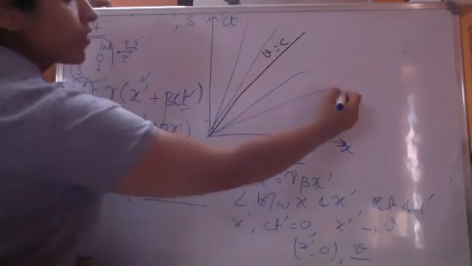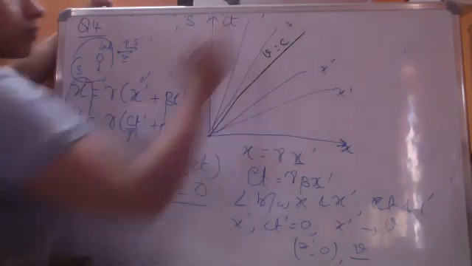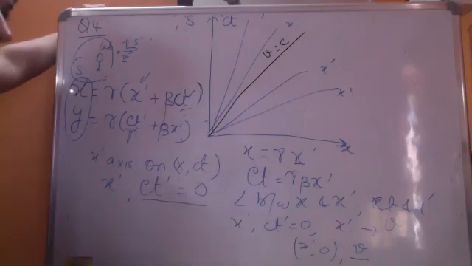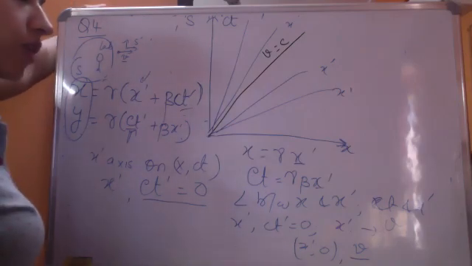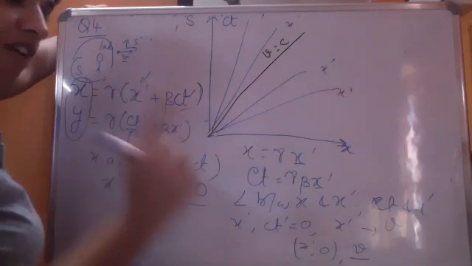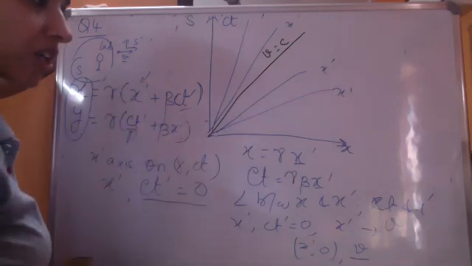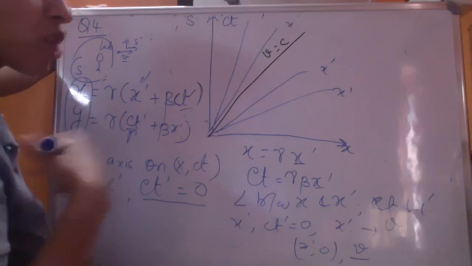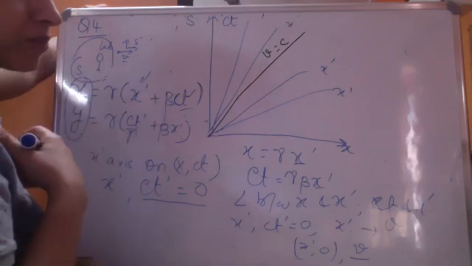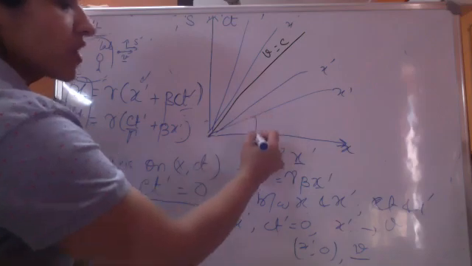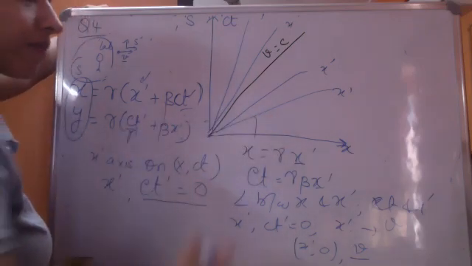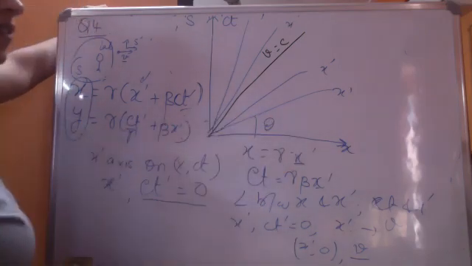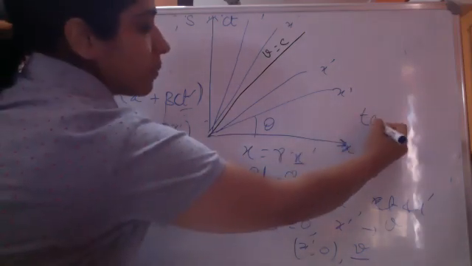Just any of these could be x prime. So now since it is a straight line, first thing is characterized. The second thing that characterizes this straight line is the slope of this straight line. So if I want to measure the slope of the straight line with respect to x-axis, that is I measure this angle, tan theta.